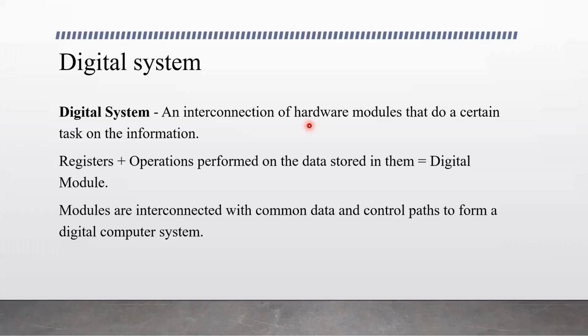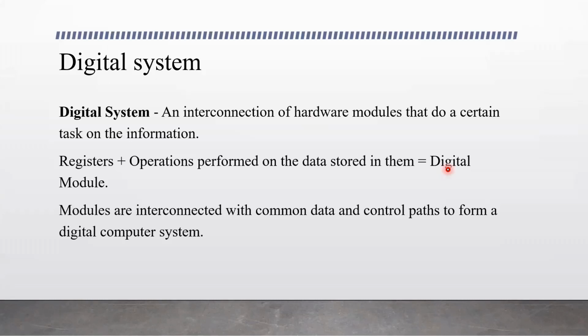So what are those modules? A digital module is defined by the registers it contains, and the operations that are performed on the data stored in these registers. That makes up a digital module. The combination of all these modules, or the interconnection of these modules, we call a digital system.